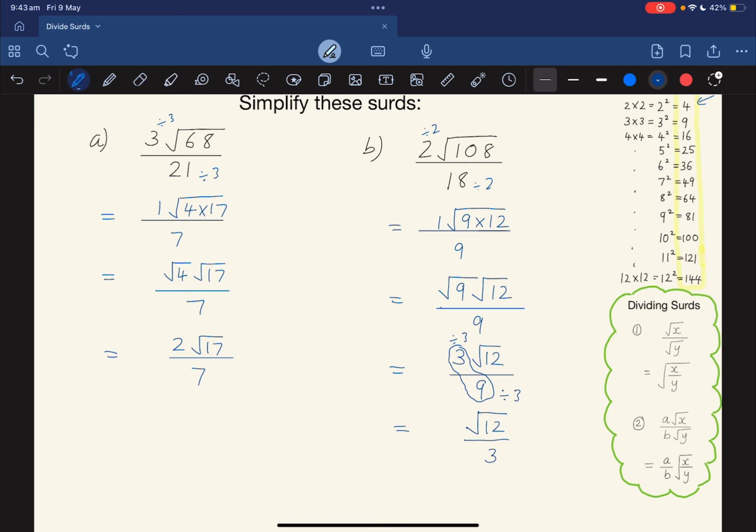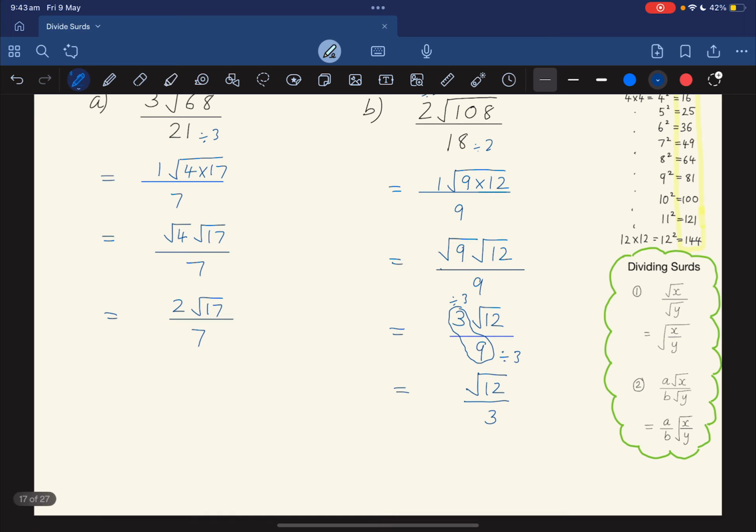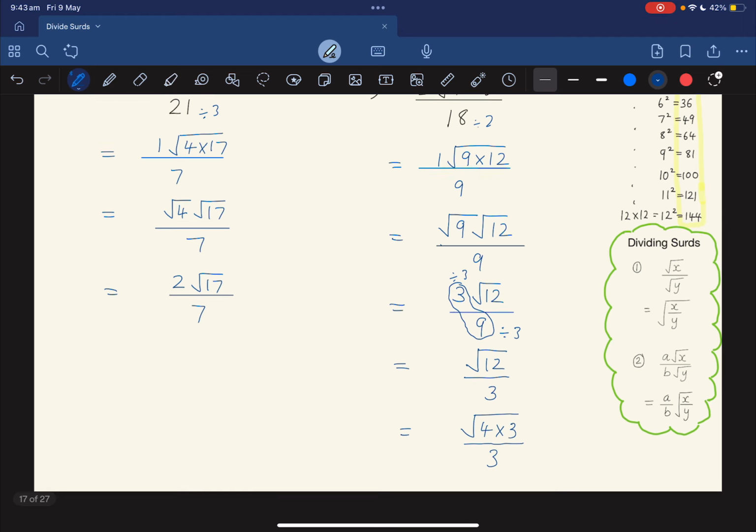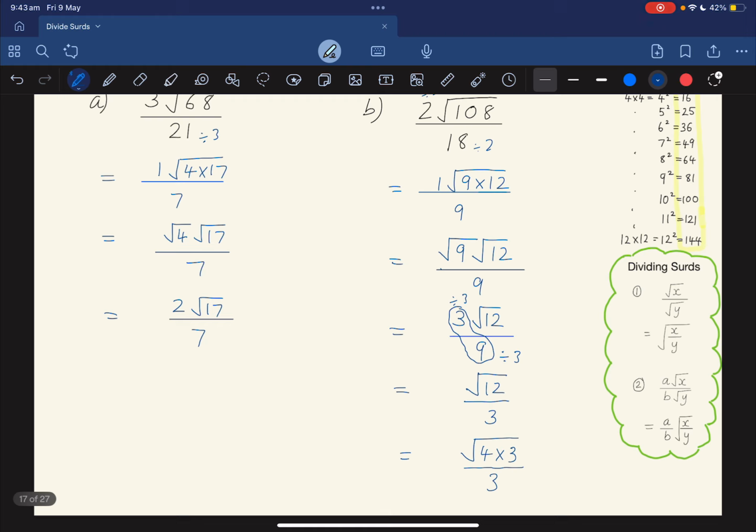That root 12 can be written as a product with 4 in it. Sometimes it takes many steps of working. So I'm going to write that as root 4 times 3 over 3. This 4 is a square number.